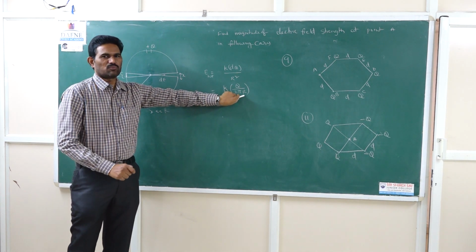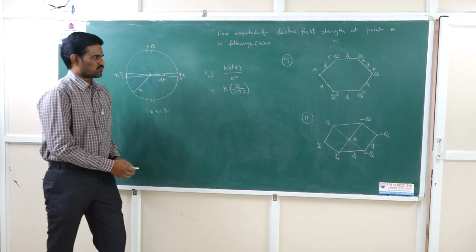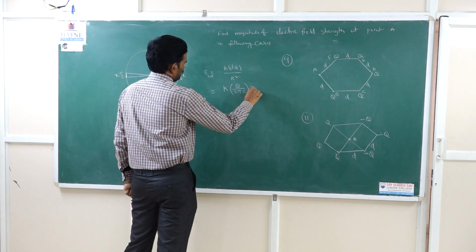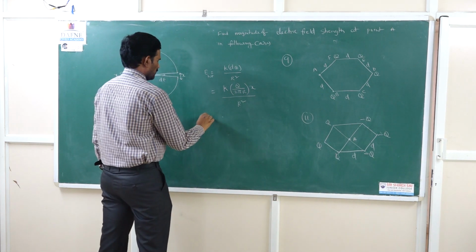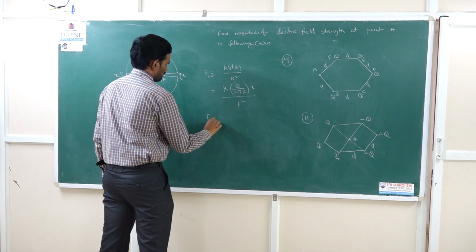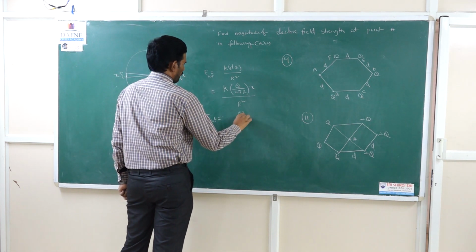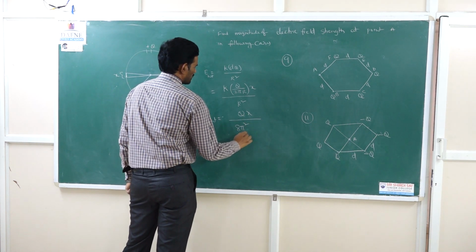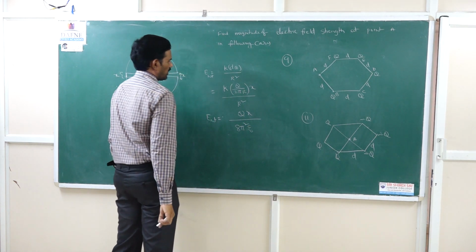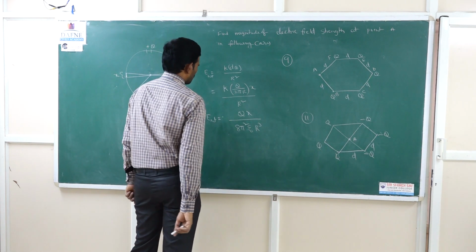Actually we need to write 2 pi r minus x, but x is very small, so you can take it as 2 pi r, into x by r square. So finally I can write the electric field as Q into x by 8 pi square epsilon naught r cube.